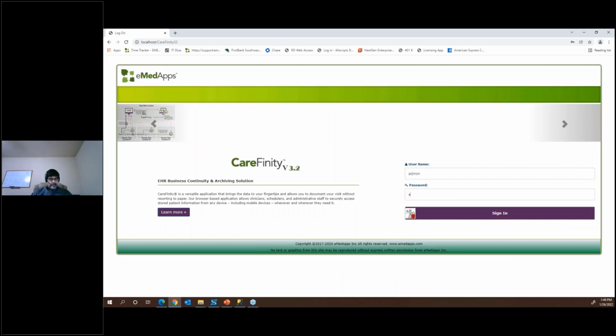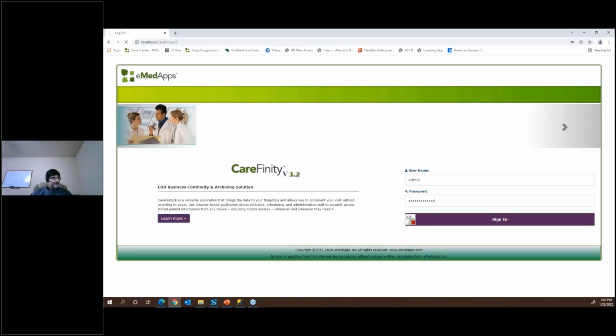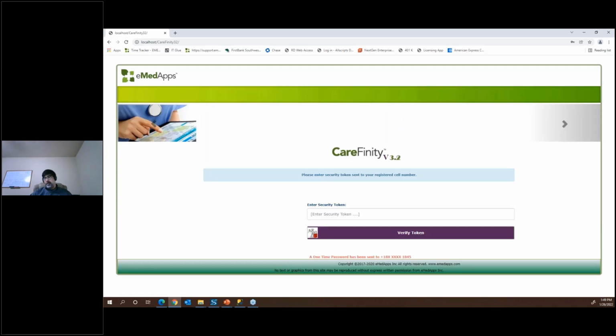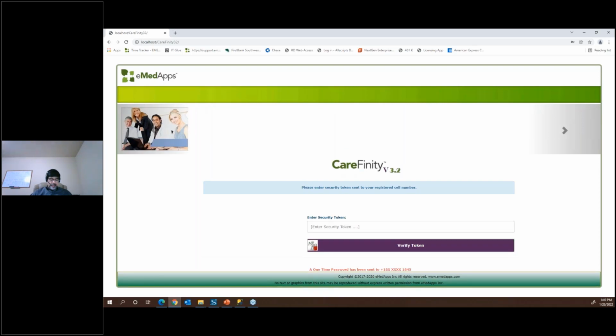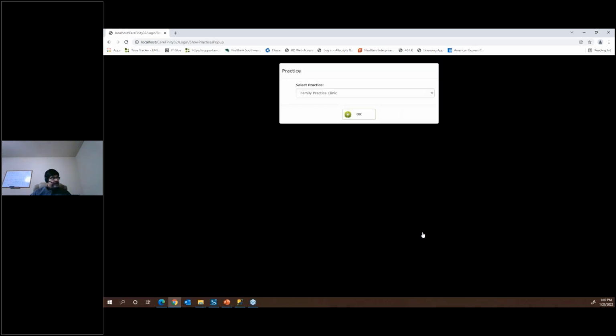I'm going to go ahead and log in here. We do support multi-factor authentication, and I've got that set up here. So if you are opening this to the web, you can certainly add a level of security by using multi-factor and having a code sent to the user.